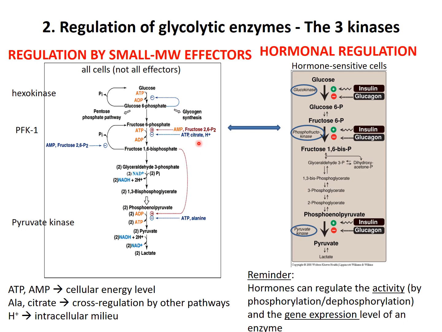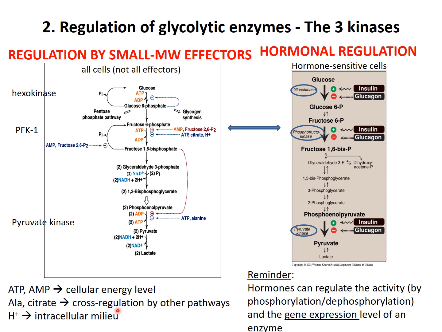It also signals availability of other energy-carrying molecules. Alanine is signaling when alanine is coming to the liver, so this is liver specific, for gluconeogenesis. If gluconeogenesis is running, glycolysis needs to stop.